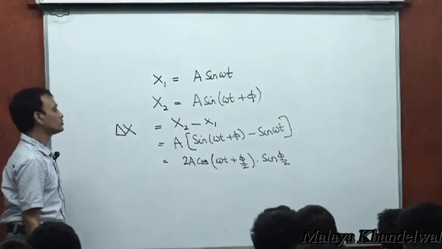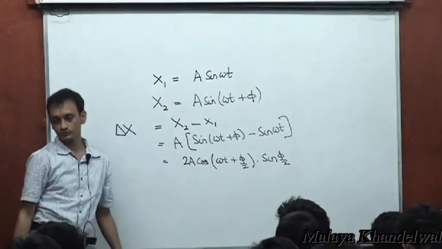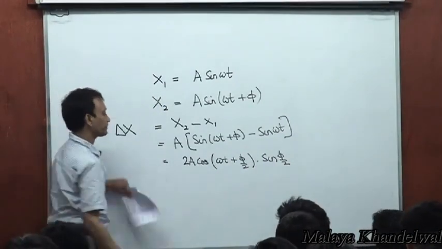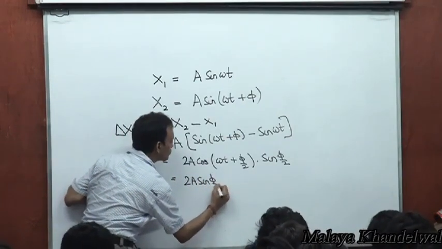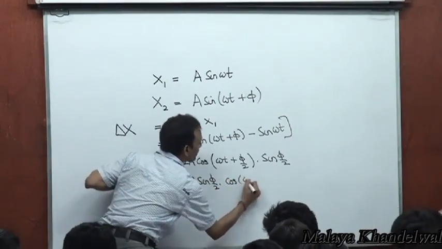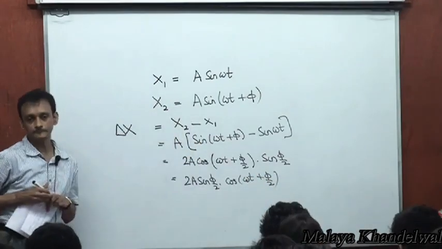Yes or no? 2 sine c minus d by 2 cos c plus d by 2, right? Which is 2a sine phi by 2 into cos omega t plus phi by 2.